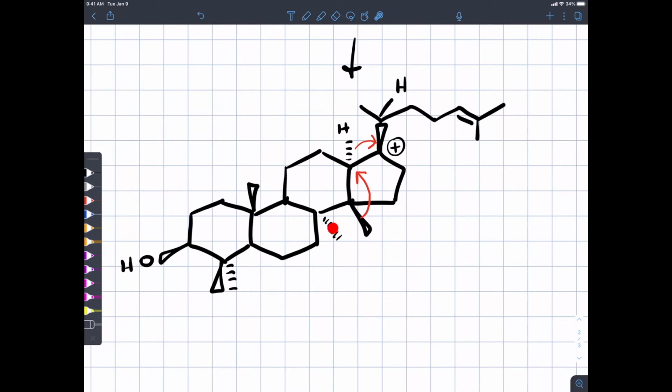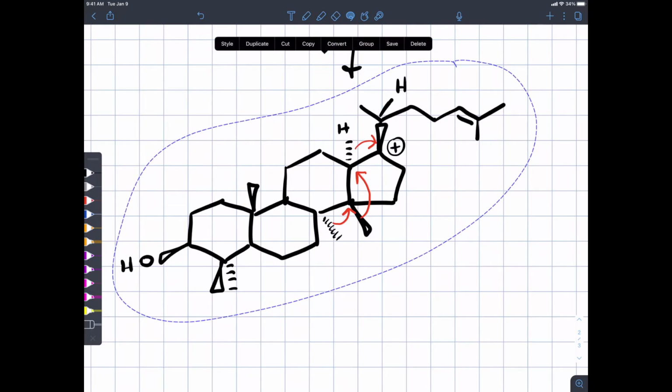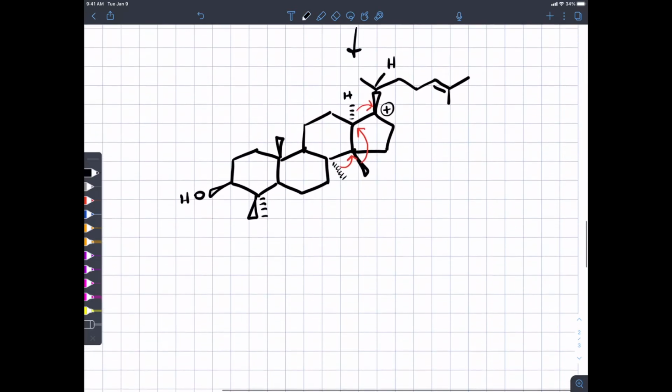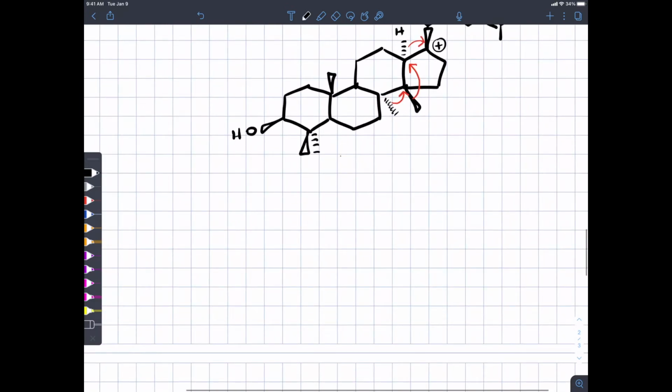And then this methyl group is going to lean over and do a 1,2 methyl shift that will finally put a positive charge at this carbon. And presumably the purpose of all of this is to get a positive charge in the right place so that we can do an elimination reaction.